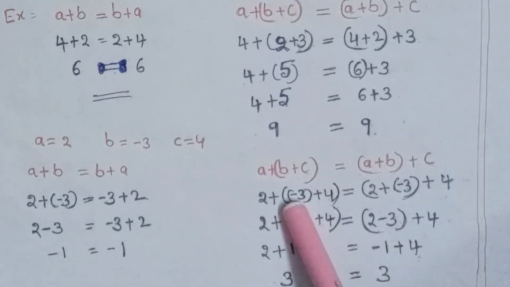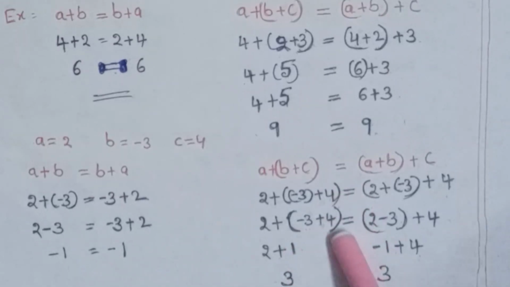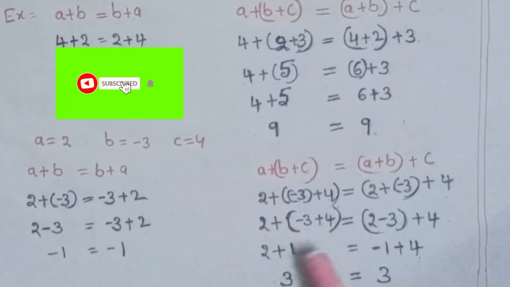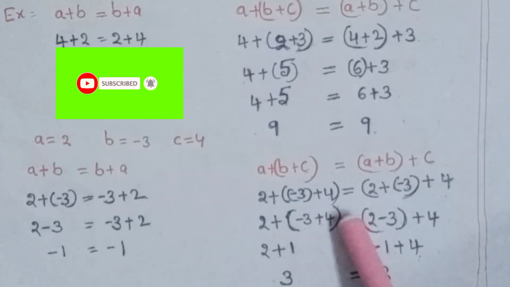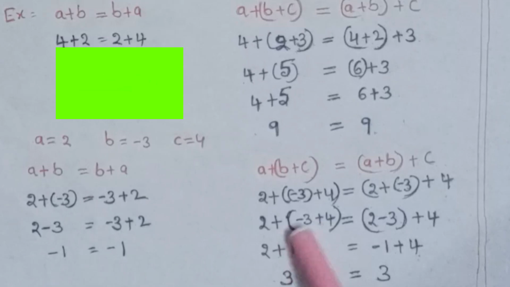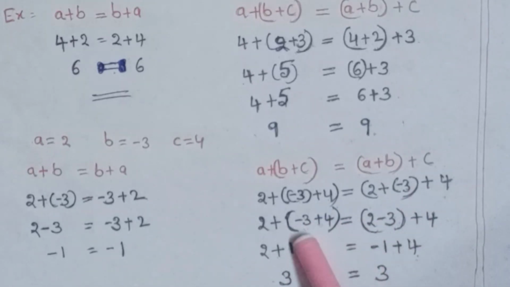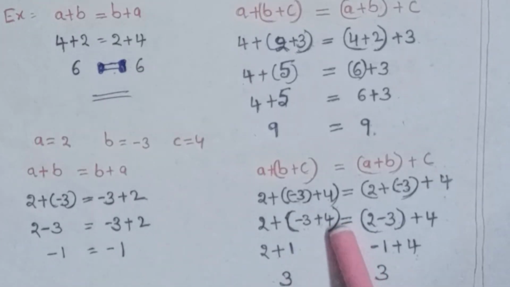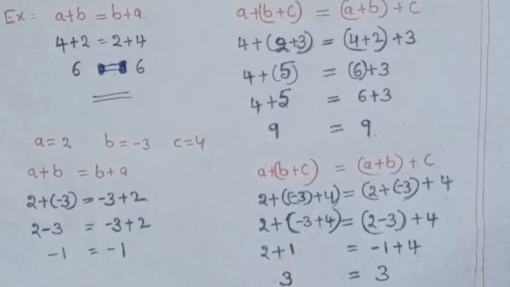Then here plus into minus is minus. Plus 4 as it is. Then here 2 as it is. Here minus symbol, here plus symbol. Minus 3 plus 4. There are two opposite symbols. Then big number minus small number. 4 minus 3 equal to 1. The bigger number's sign is plus. So we write plus 1. Then 2 plus 1 equal to 3.